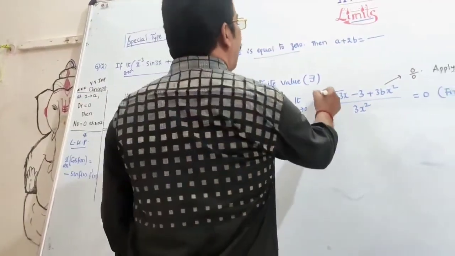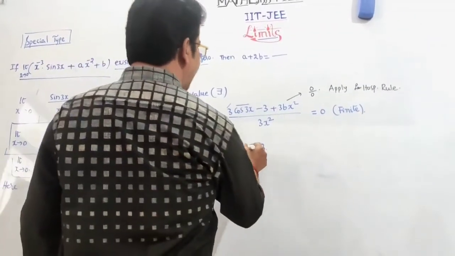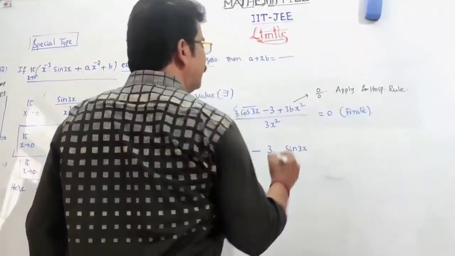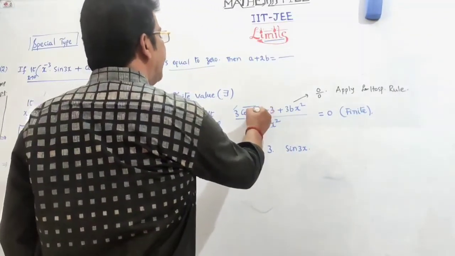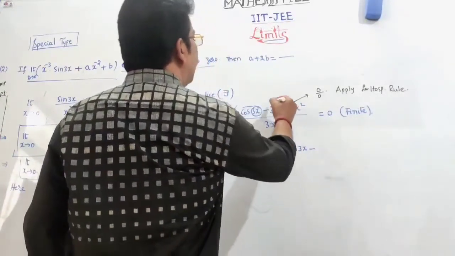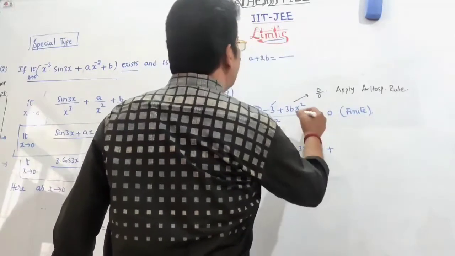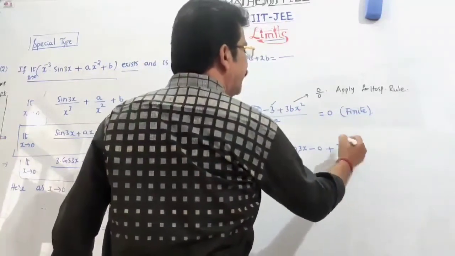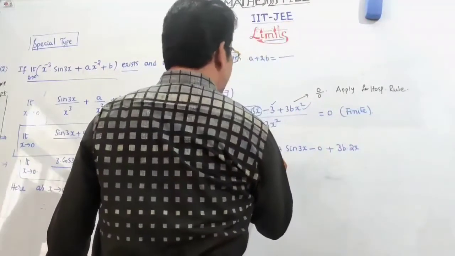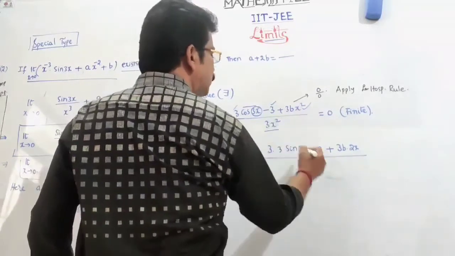So therefore, already 3 is there. Take the same. Next, minus sine of f of x, and next d by dx of f of x means into 3 minus d by dx of constant 0 plus 3b into d by dx of x square, 2x, whole divided by 3 into 2x.